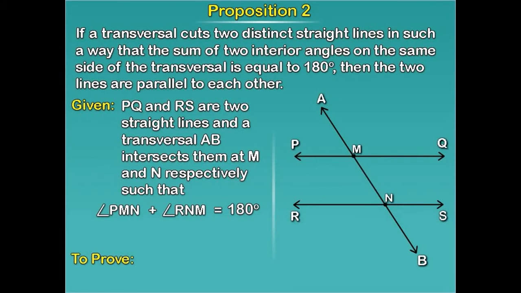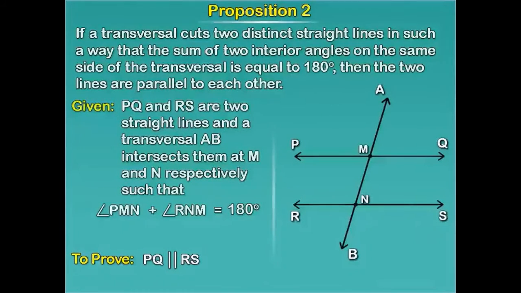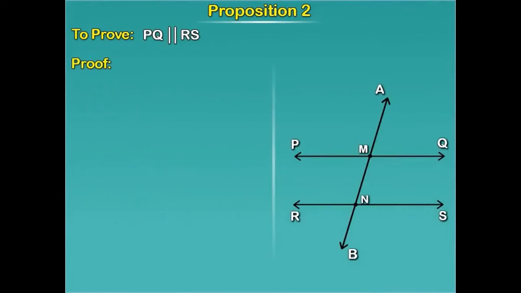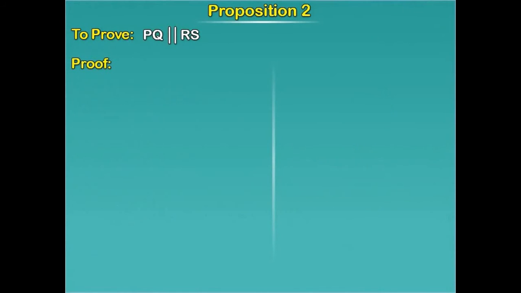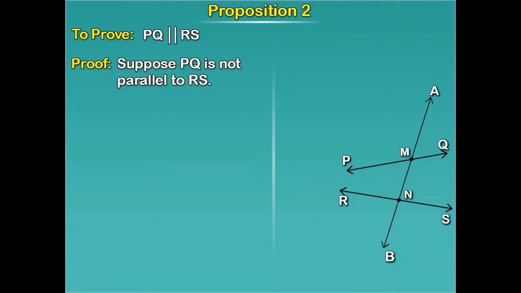To prove, PQ is parallel to RS. Now, look at the proof. This will be proved by contradiction, that is, by assuming that PQ is not parallel to RS. This means that PQ and RS meet at a point, say C.